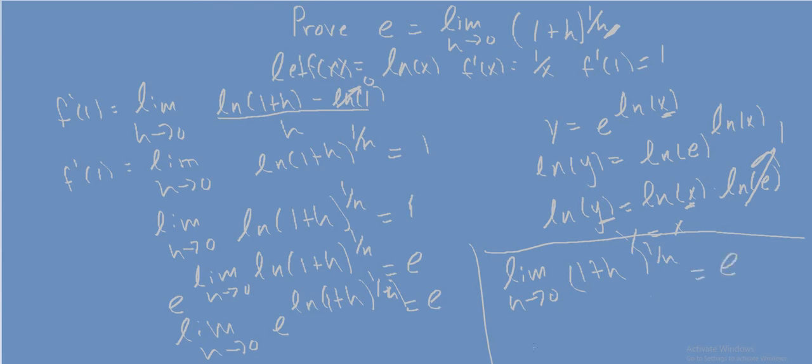Okay. Maybe another note that sometimes you'll see this written as the limit as n goes to infinity of (1 plus, or maybe I should say h, stay with h's, 1 over h) to the h, and that's equal to e as well. Notice this is going to 0, this right here is going to infinity. If it's written like this, this right here is going to 0 still, and this right here is going to infinity. Okay, that's all.